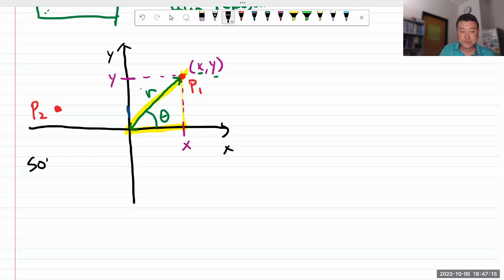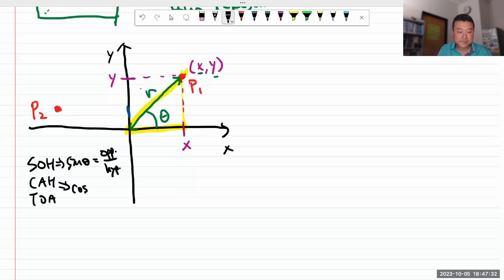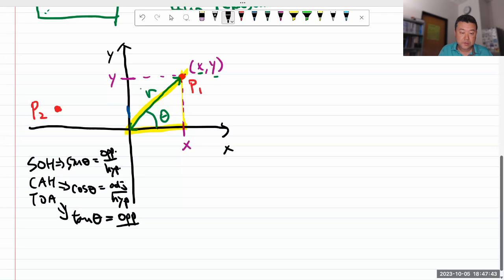A reminder of the SOH-CAH-TOA mnemonic that you've learned: sine of an angle is the opposite over hypotenuse, cosine of the angle is the adjacent over hypotenuse, and tangent of an angle is the opposite over adjacent. These are the initials that I'm using. And the angle is always an angle of a right triangle. So I have this right triangle here.